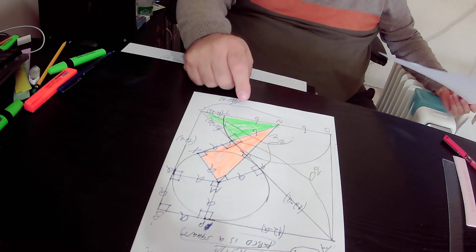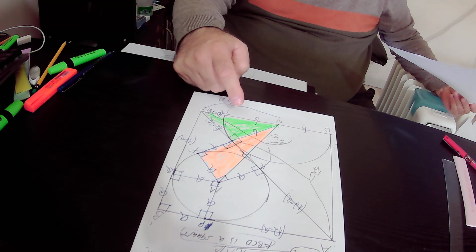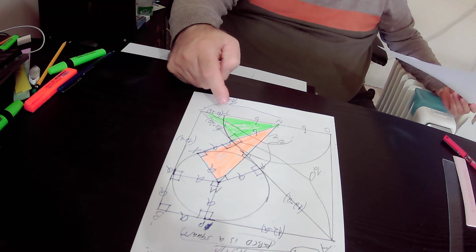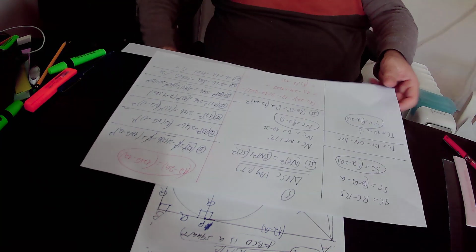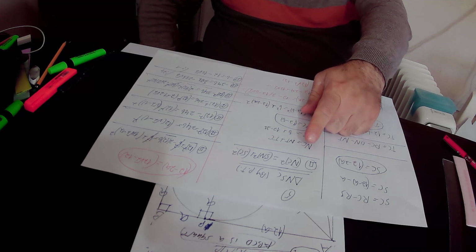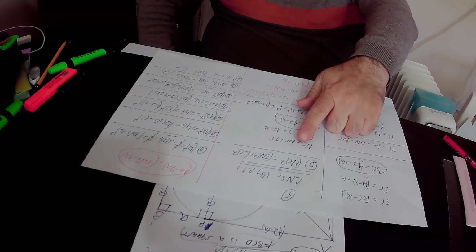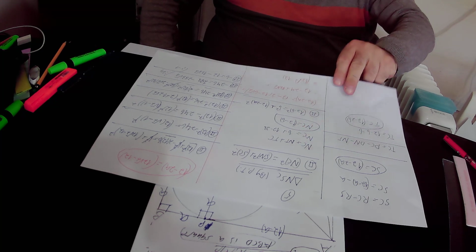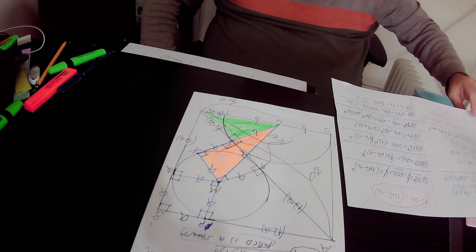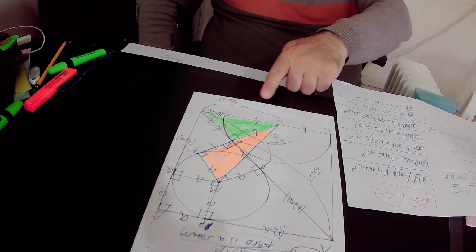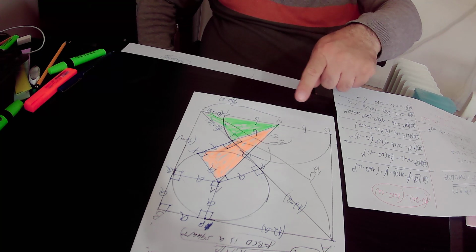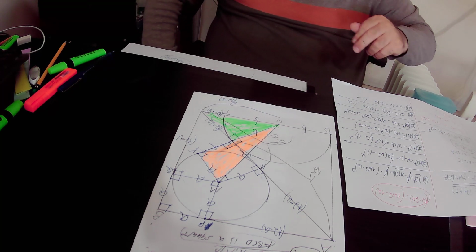So, therefore, the green triangle NSC is a right triangle, so according to the Pythagoras theorem, NC square equals NS square plus SC square.